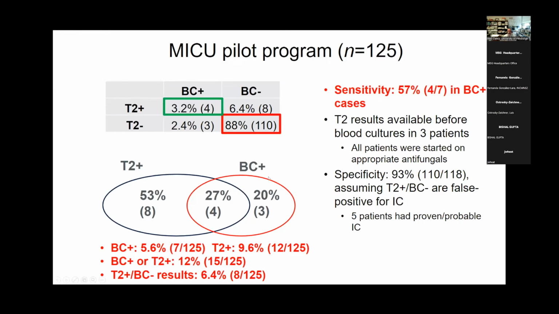If you assume that those T2 positive, blood culture negative 8 patients are false positives, your specificity would be 93%. However, on review of those cases, we determined that 5 patients either ended up having proven or probable invasive candidiasis. So if you include these as actual disease, then your adjusted sensitivity and specificity for T2 was 75% and 97% respectively.